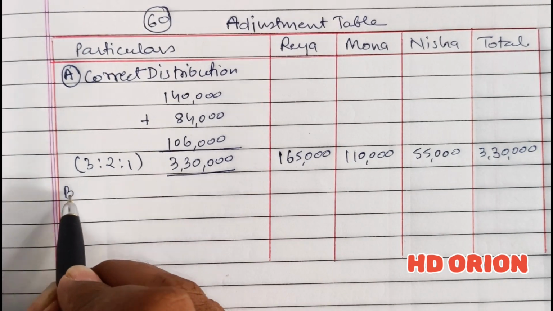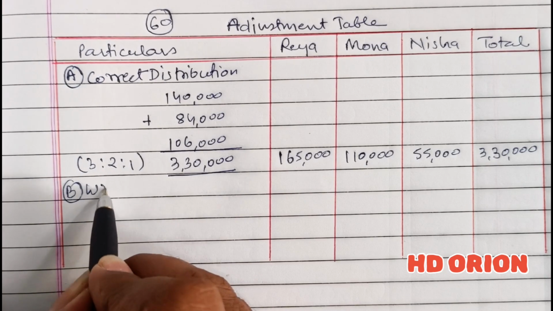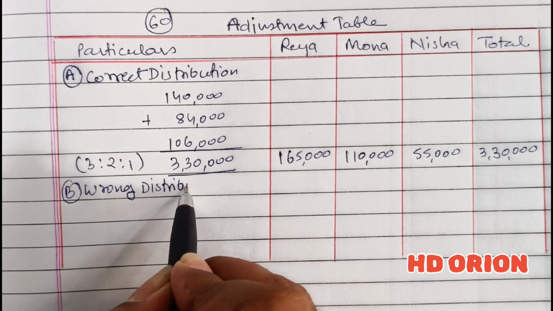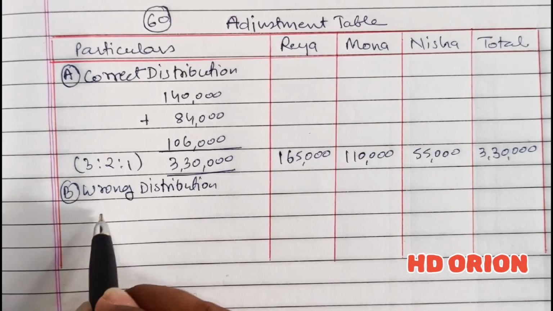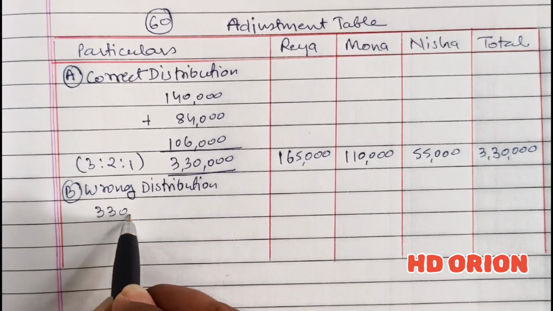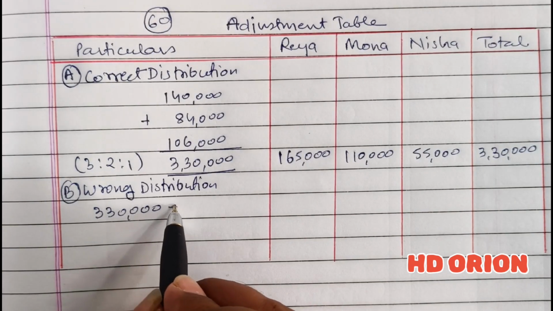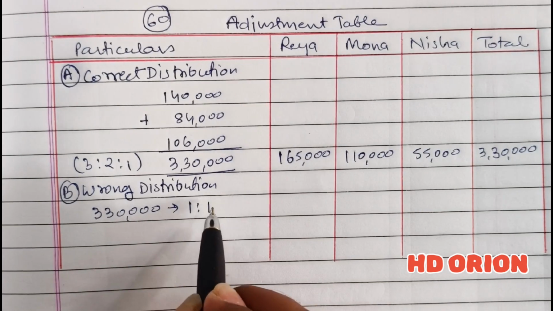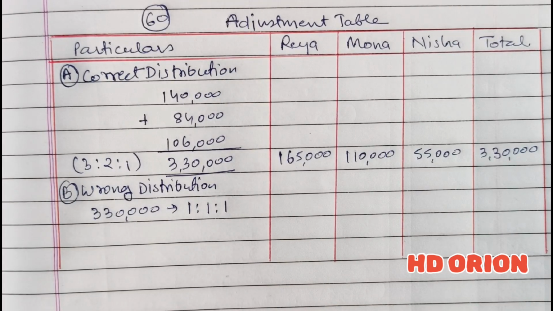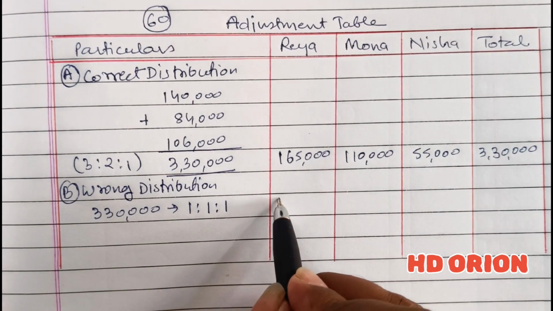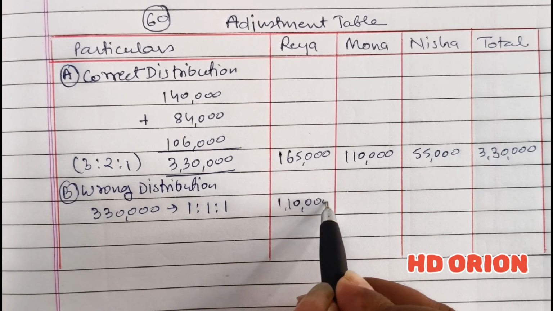But what has been done? Wrong distribution. In this wrong distribution, this rupees 3,30,000, that is the total of 3 years' profit, has been wrongly distributed to them equally, means in the ratio 1:1:1. So as per this ratio, each partner has received 1,10,000.